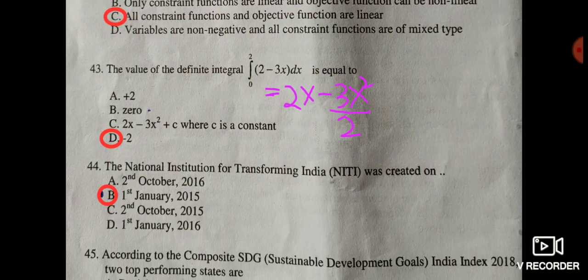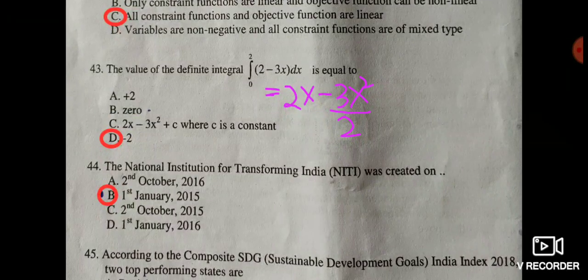Then the next one, the value of the definite integral of 2 minus 3x is equal to. Now we have to use the rule of definite integral here. Integration of 2 minus 3x will be 2x minus 3x square divided by 2.